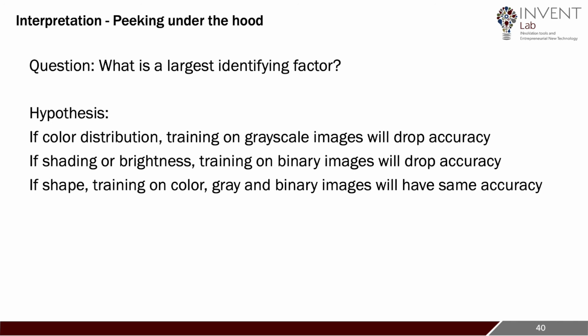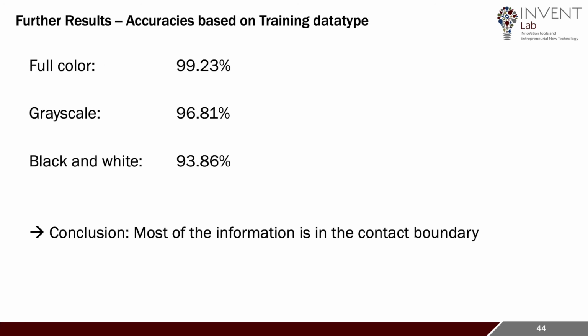And so I ran the data on color images, gray images, and black and white images, and we found that while accuracy does decrease slightly as you decrease the amount of information you give to the algorithm, just training on images that have a pixel value of black or white gives nearly a 94% accuracy rating, which is really high considering it's just looking at black and white pixels.